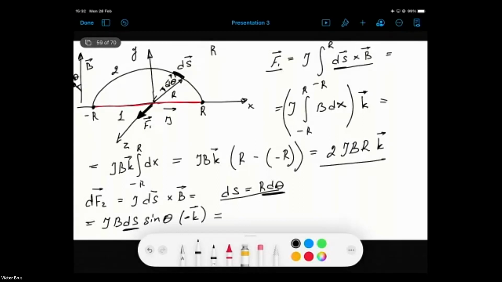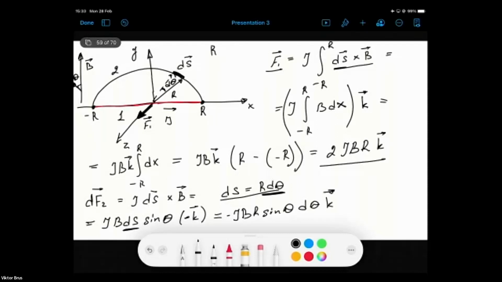So in this case, we have minus I times b times r times sine theta, oh, sorry, I forgot about d theta. So sine theta times d theta times k unit vector.